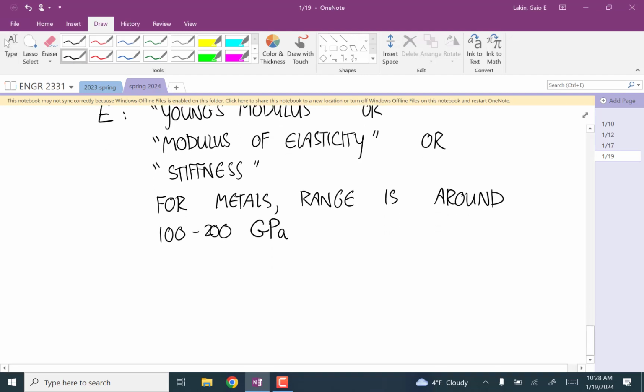And then the second parameter is the Greek letter nu, which looks like a cursive V. This is called Poisson's ratio, and for metals, this is usually around 0.3 somewhere.